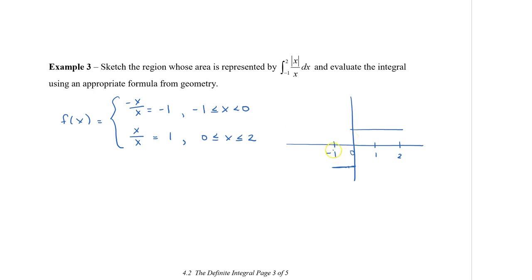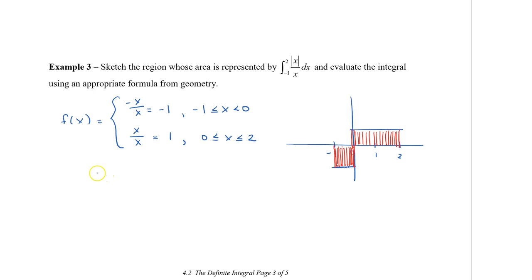So from -1 to 0, it is -1. So I'm going to have this area down here below the x-axis. And then from 0 to 2, I have the line y equals 1. So from 0 to 2, I have this area underneath the line, but above the x-axis.